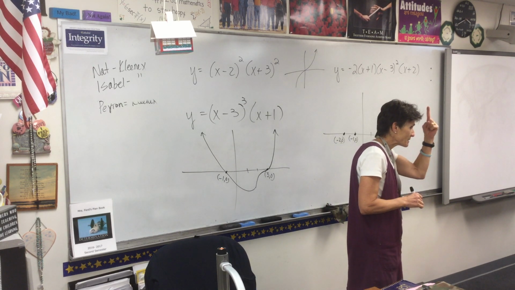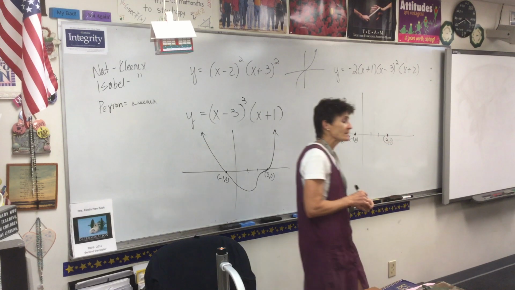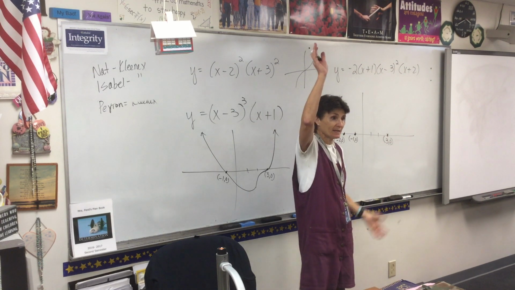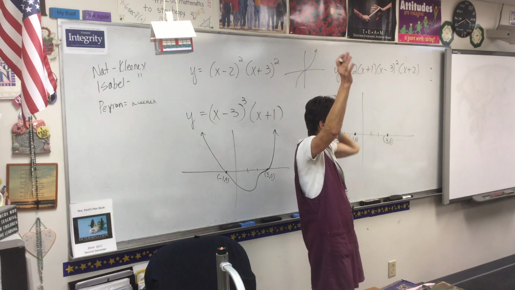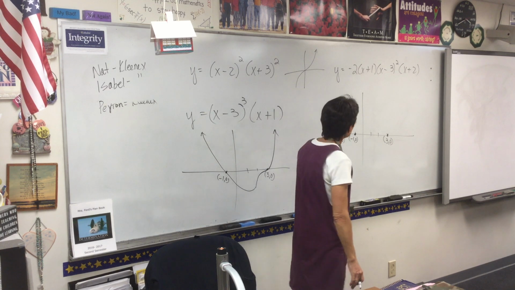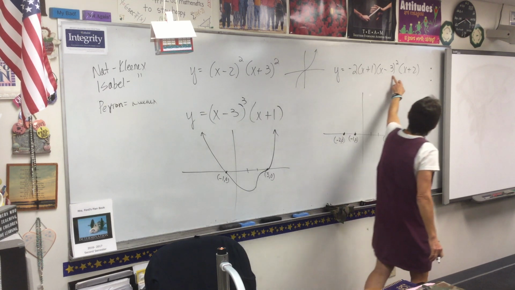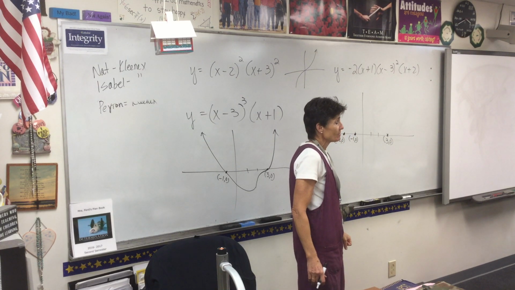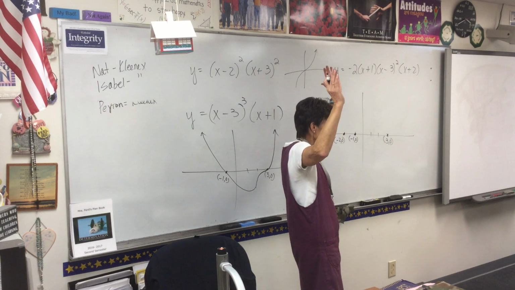It's going to turn it upside down, which means if it normally starts down and ends up, it's going to start up and end down. If it normally is start up, end up, it's going to be start down, end down. So I got to figure out what it is. Multiply it all out. What power do we have? X to the 4th. It should be start up, end up.